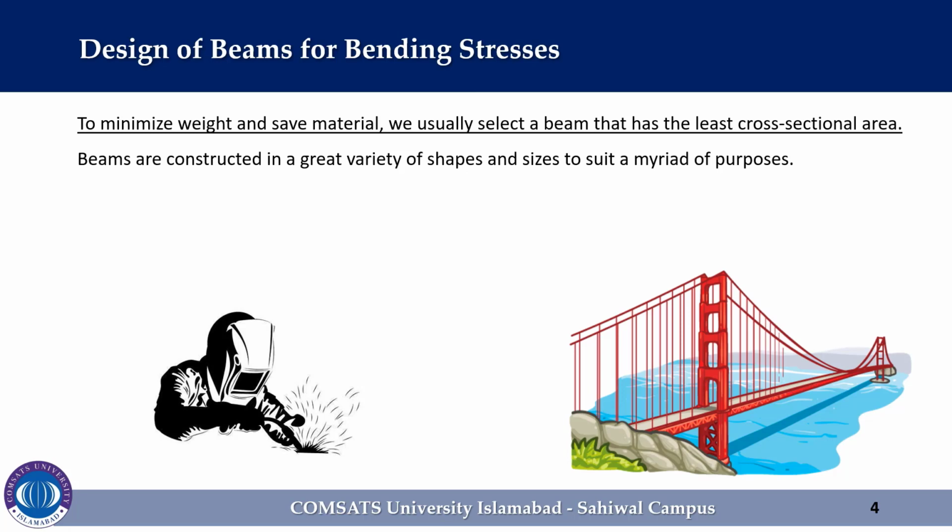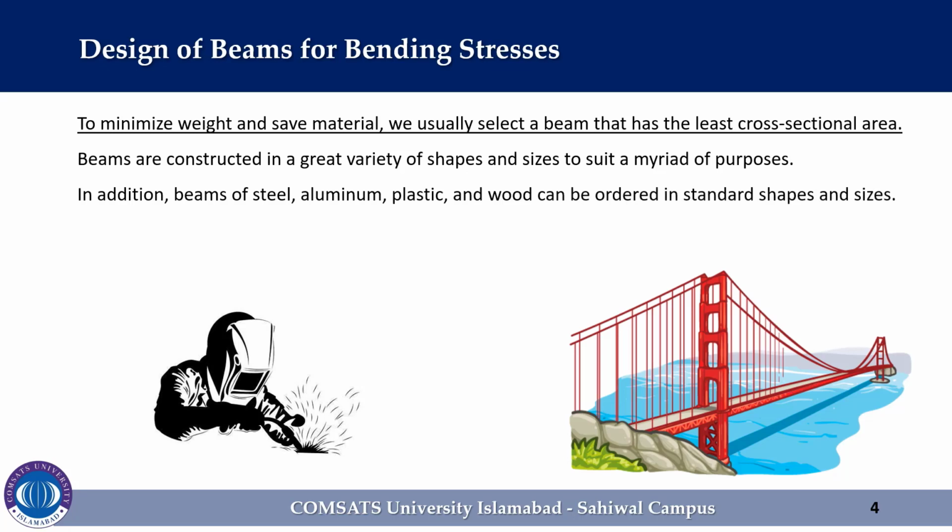And reinforced concrete beams are cast in any desired shape by proper construction of the forms. In addition, beams of steel, aluminium, plastic, and wood can be ordered in standard shapes and sizes from catalogs supplied by dealers and manufacturers. Readily available shapes include wide flange beams, I-beams, angles, channels, rectangular beams, and tubes.